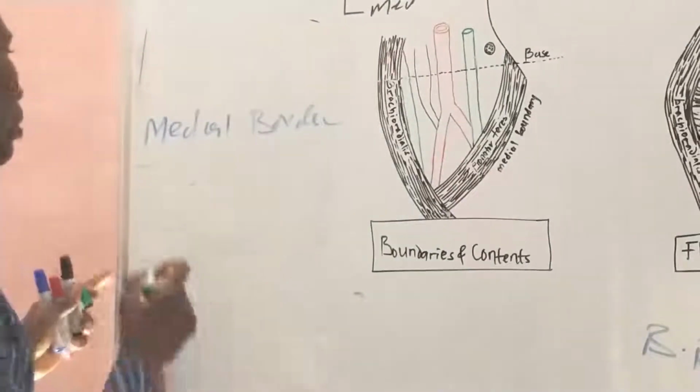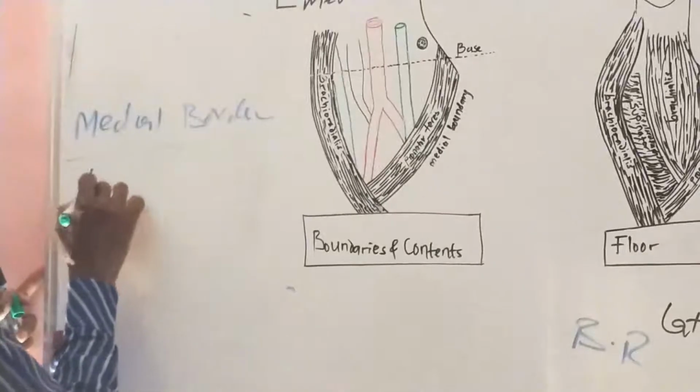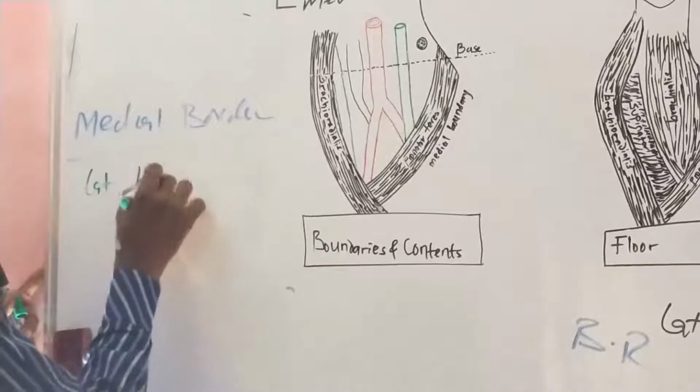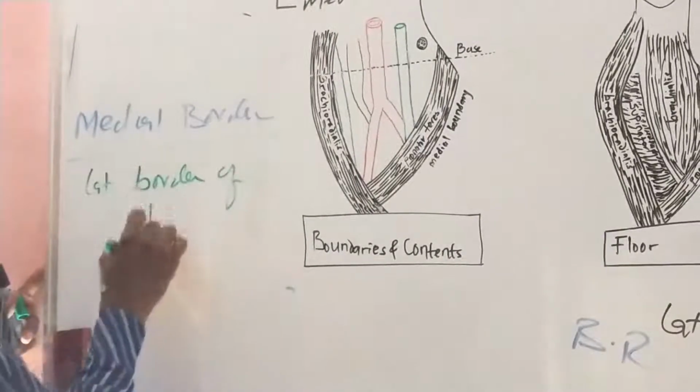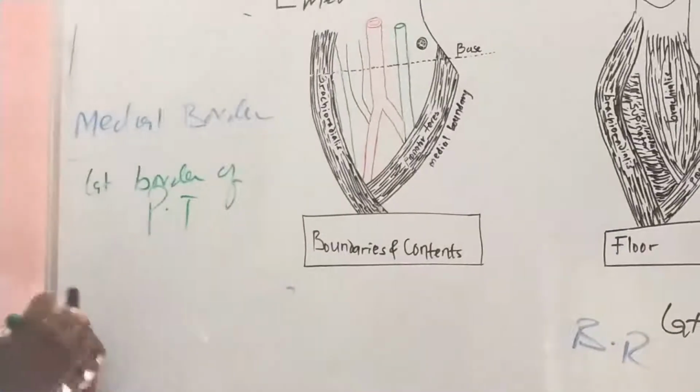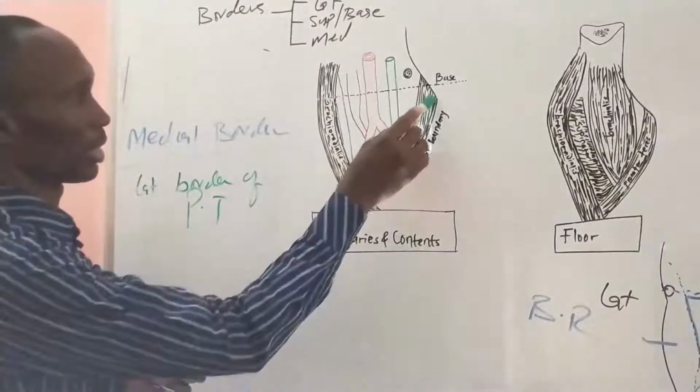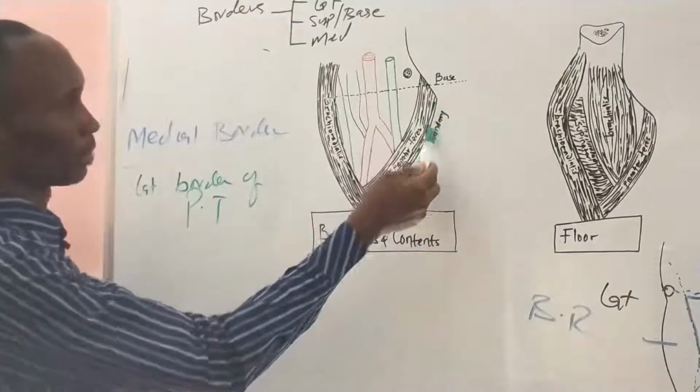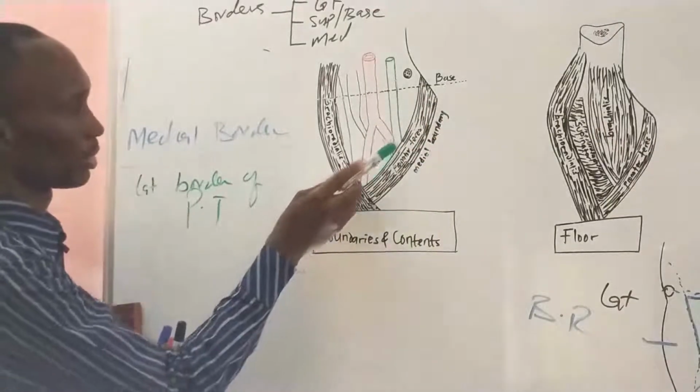So the medial border is formed by the lateral border of pronator teres. This is the medial border of pronator teres, and this is the lateral border of pronator teres.